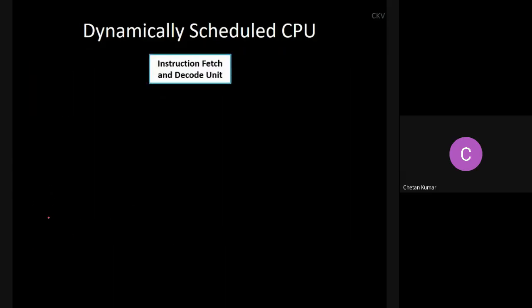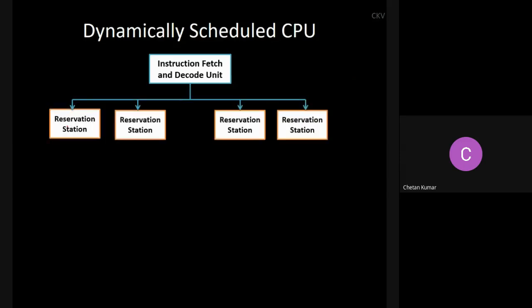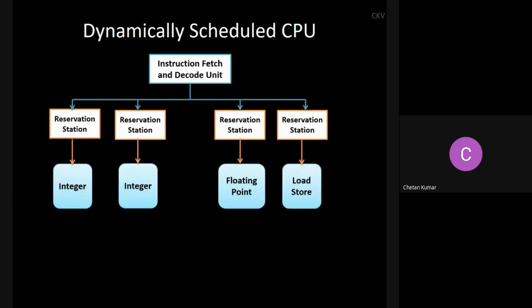Typically there will be many stages in the dynamically scheduled processors. The first unit is called the instruction fetch and decode unit. Then you have something called a reservation station. I'll talk about this a little later. These reservation stations are connected to the function units. You have two integer function units, one floating point function unit, and a separate load store unit, which is available in this type of processor.